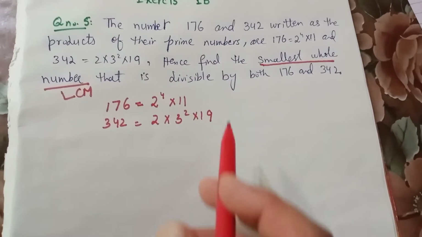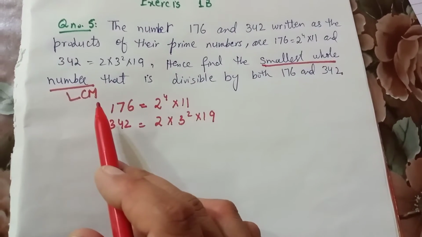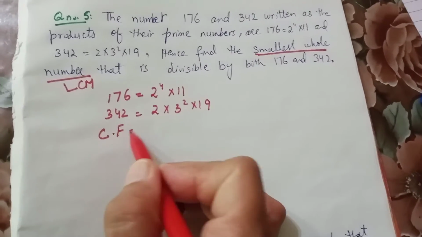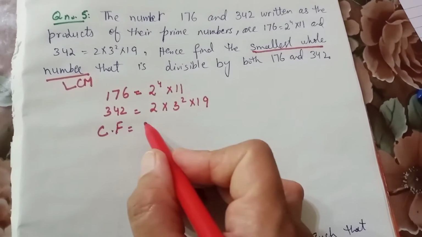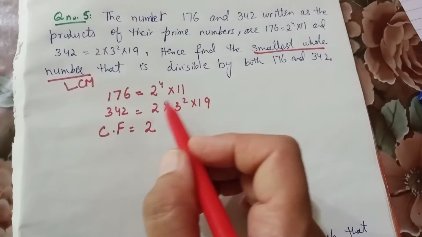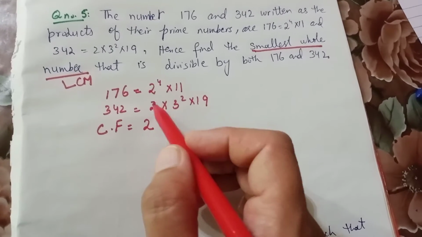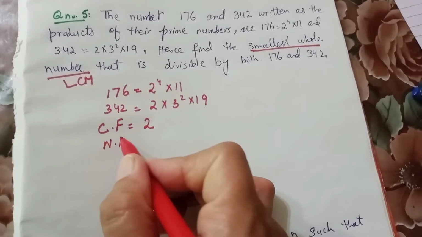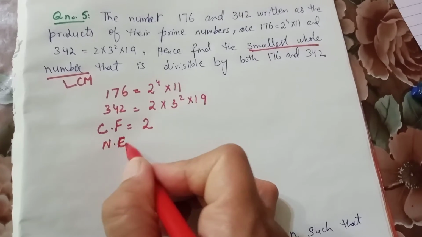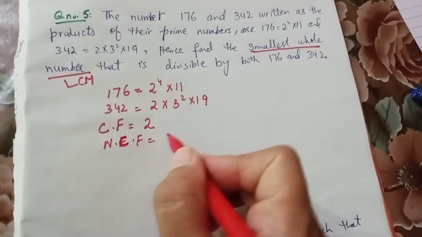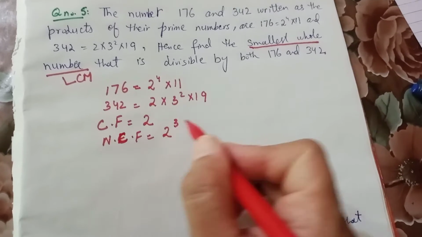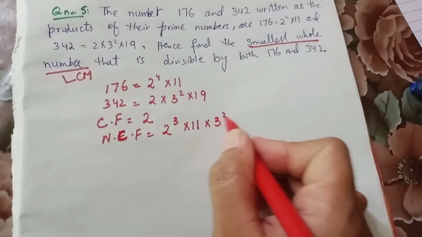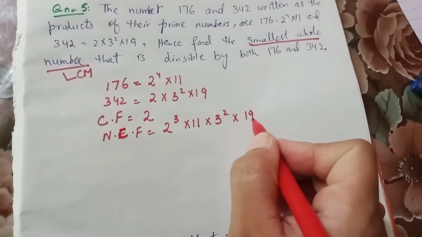As I told you, when we have to find the LCM, we write common factors, and here the common factor is 2, because 2 is common in both 176 and 342 factors. The not common factors are 2 raised to power 3 into 11 into 3 square into 19.